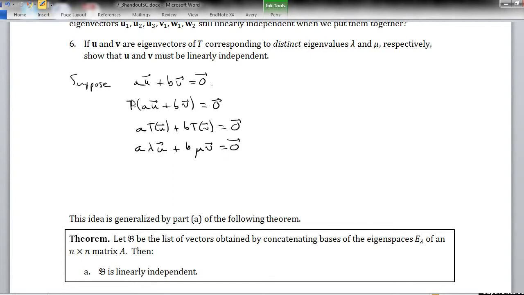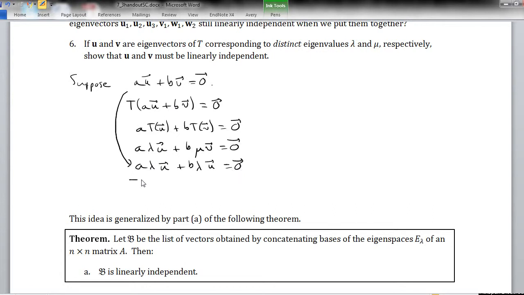And then on the other hand, starting from the top again, let's multiply both sides by the scalar lambda. I can move it past the a and get a lambda u plus b lambda v, and lambda times the zero vector is the zero vector.